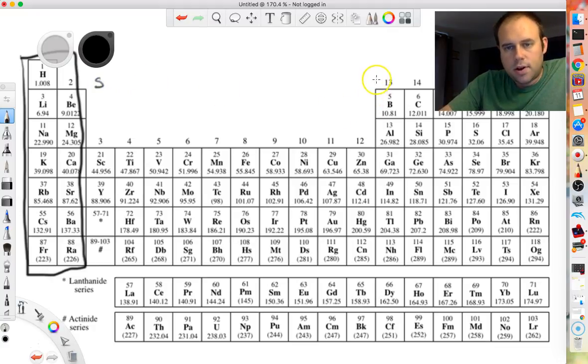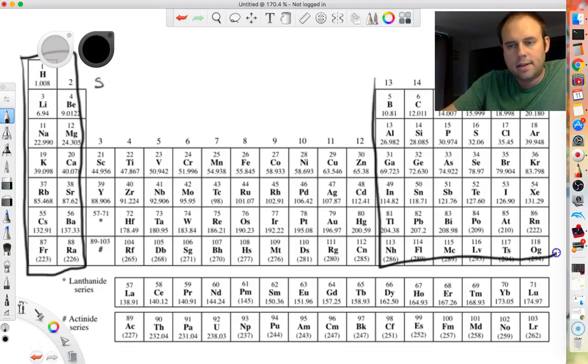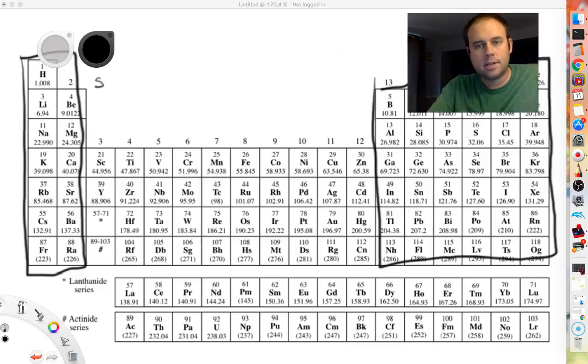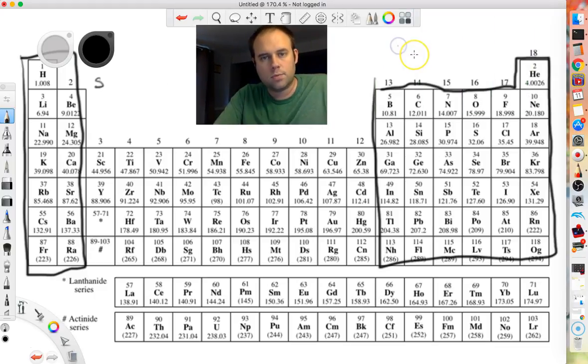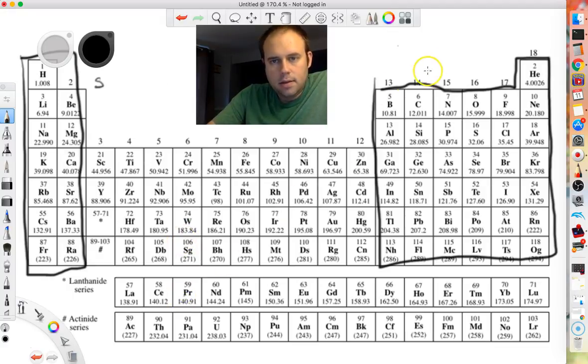The p orbitals are anything from group 3a, which is over here, to the end of the periodic table where I find the noble gases, right? And let me move my fantastic talking head to the middle here so it makes more sense. All right, so this is going to be where I would find the p orbitals.